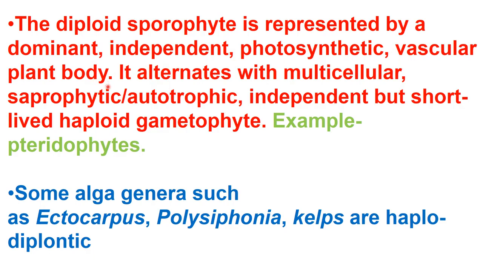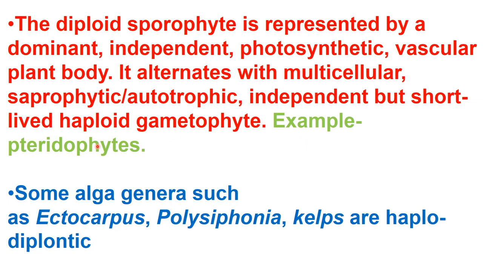It alternates with a multicellular, autotrophic, independent but short-lived haploid gametophyte. So the gametophyte is short-lived here, and the sporophyte is dominant. So here the condition is opposite. Which one is dominant here? Sporophyte, and the example is pteridophyte.